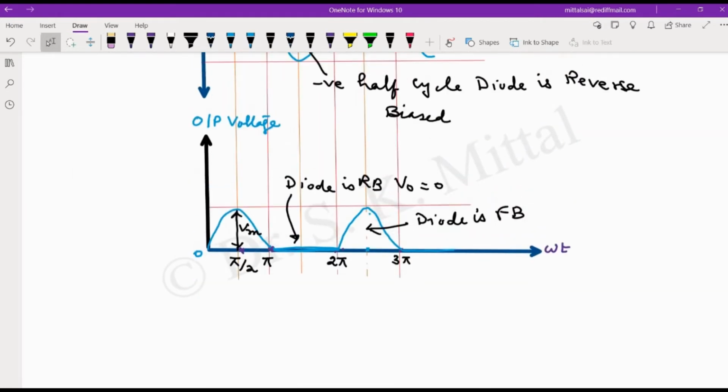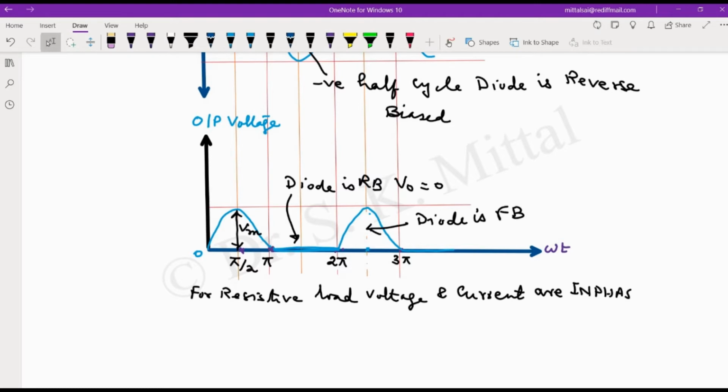If you want to draw the current waveform, we know that for resistive load, voltage and current are in phase.